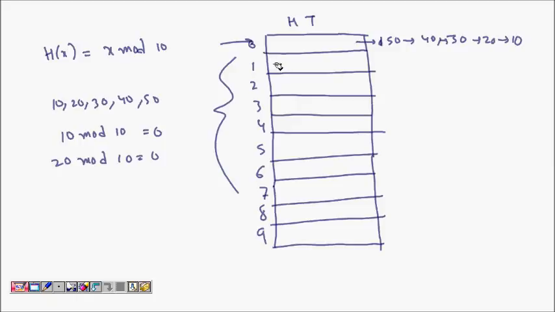When I insert 10, it comes here. For 20, I find there is a collision, so it should come to the next place. Then for 30, h(30) comes out to be 0. I want to insert it at 0, but it's already filled, so I go to the next place, 1, in the hash table. This is also filled, so I go to the next place.